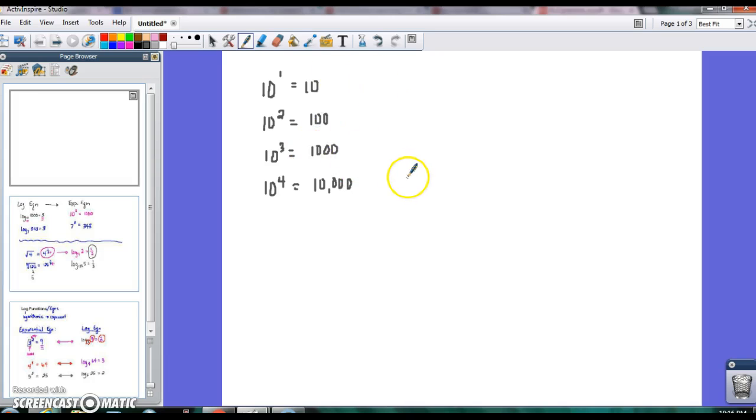Whenever you are writing log functions and you're talking about base 10, you don't need to write the base in there. So I would actually rewrite this as the log of 10 is 1. I would rewrite the second one as the log of 100 is 2.